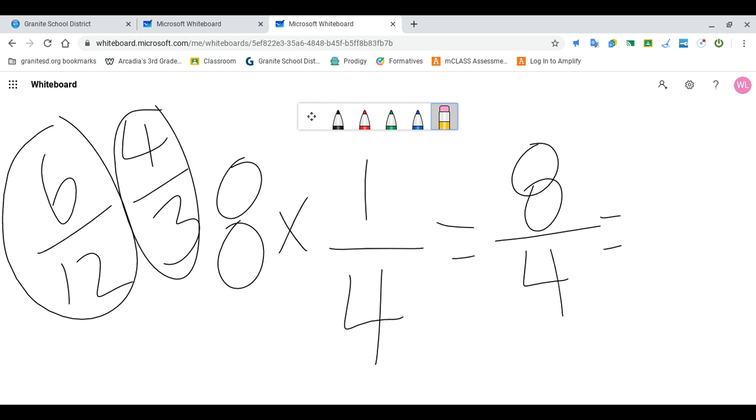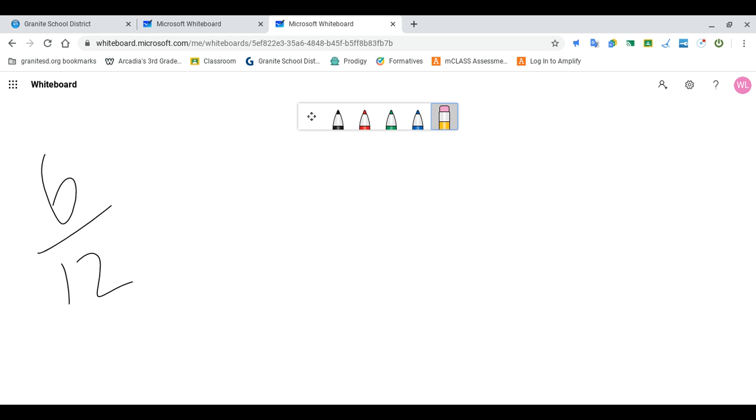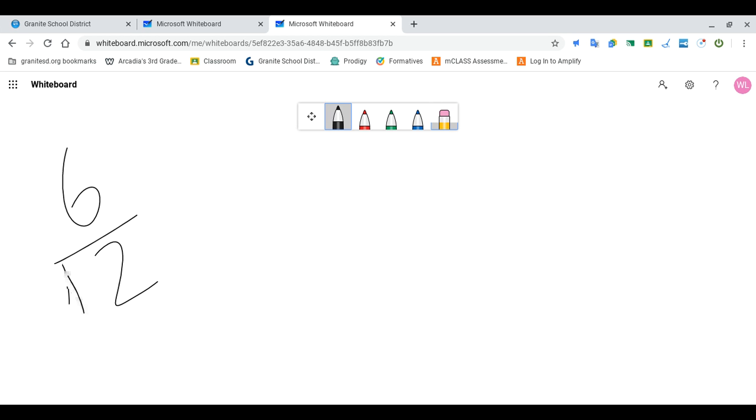But if you can't divide, then it's probably an answer like 4/3 because you can't divide 4 by 3. And if your numerator is larger, like 6/12, like I just erased, then you could simplify it, but this isn't an improper fraction, and that's just your answer.